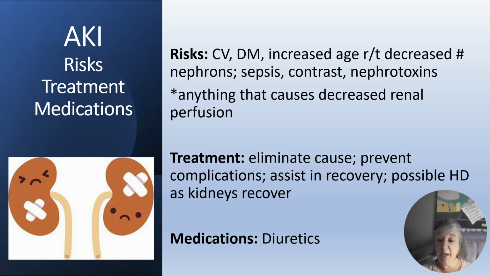So as you age, you literally have less nephrons. And don't forget the nephrons are the functional unit of the kidney, right? Sepsis can cause AKI, contrast, nephrotoxins, right? Anything that damages the kidney like that. And then we have perfusion problems. And then anything that's narrowing the vascular system.